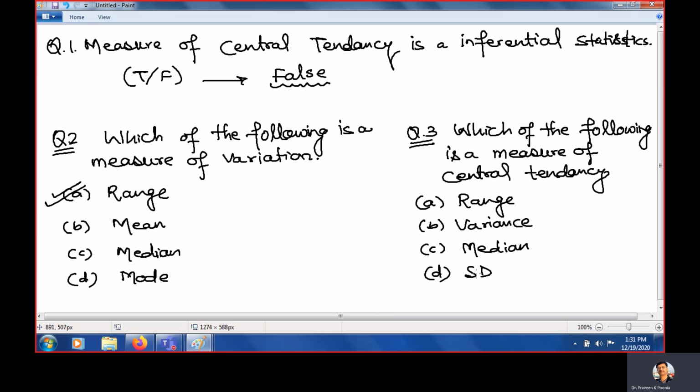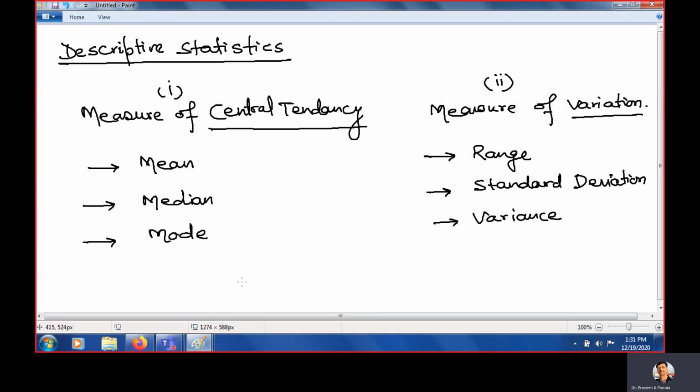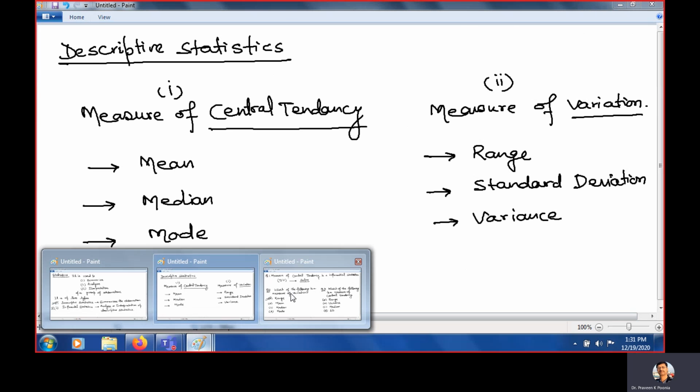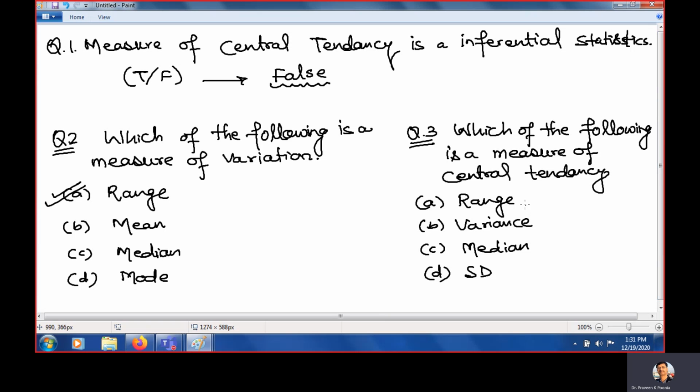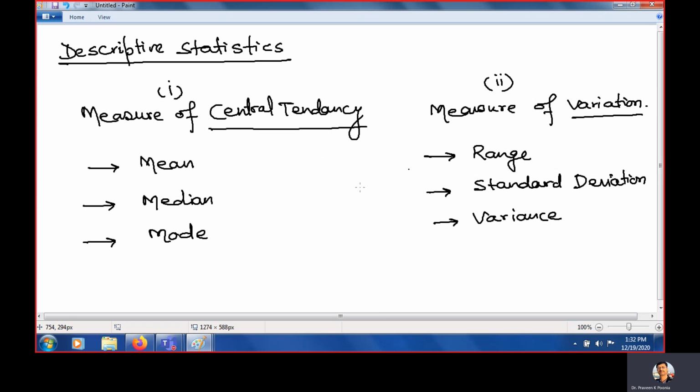Standard deviation is denoted by SD generally. Clear? If you see the previous slide, measure of variation are three: range, standard deviation, and variance. So what remains? Median. Median is a measure of central tendency. Clear? So these three types of questions generally we ask from this slide.